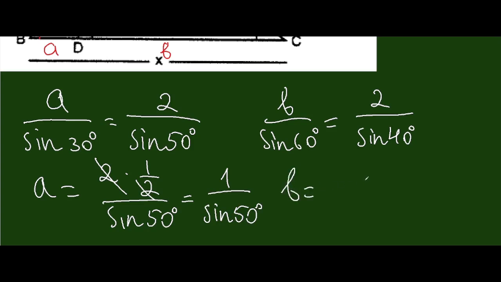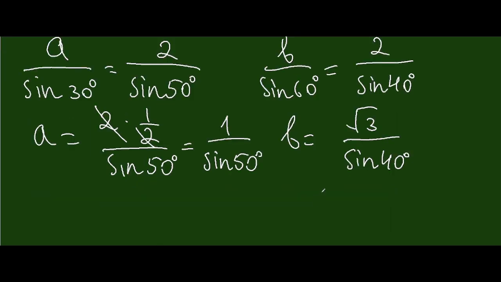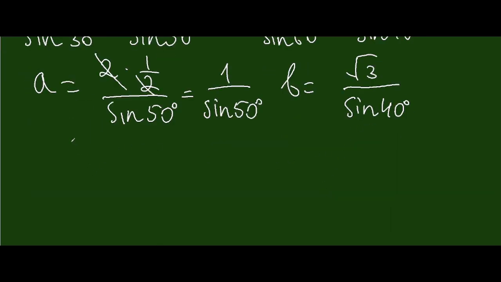And b here will be equal to square root of 3 over sine 40 degrees, because if we multiply sine 60 degrees, which is square root of 3 over 2, times 2, it will give us square root of 3 over sine 40 degrees. And we know that a and b we can plug into the expression we found.